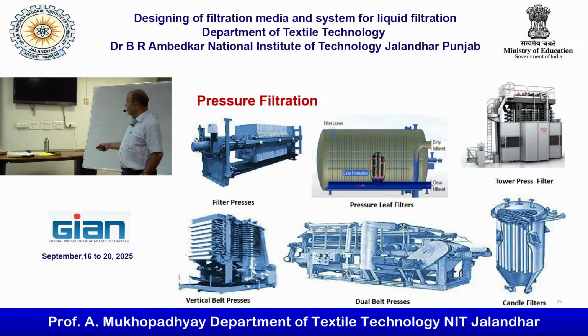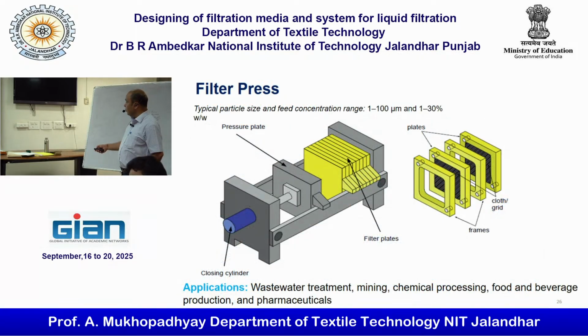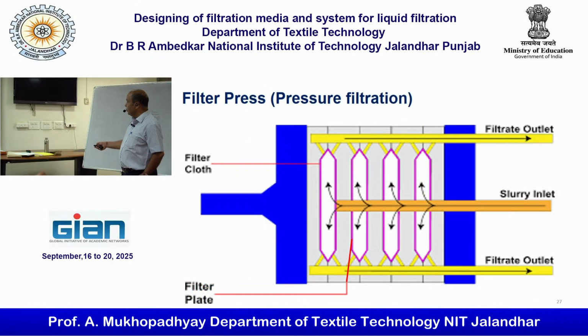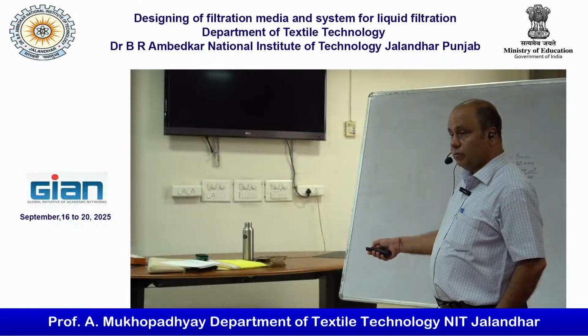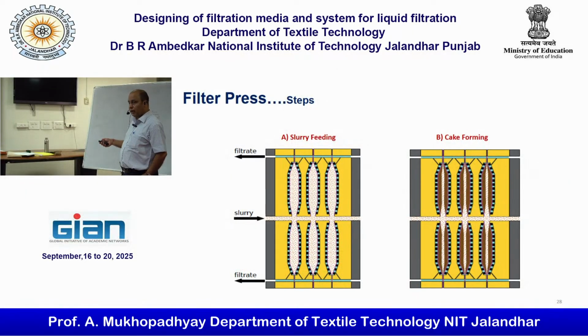Now this is the first process. You are basically feeding the slurry into the chamber and putting high pressure on the slurry. Inside the chamber, if you continuously apply pressure, then what will happen?